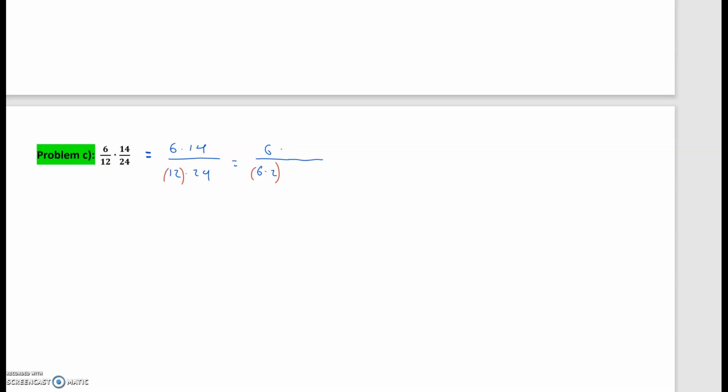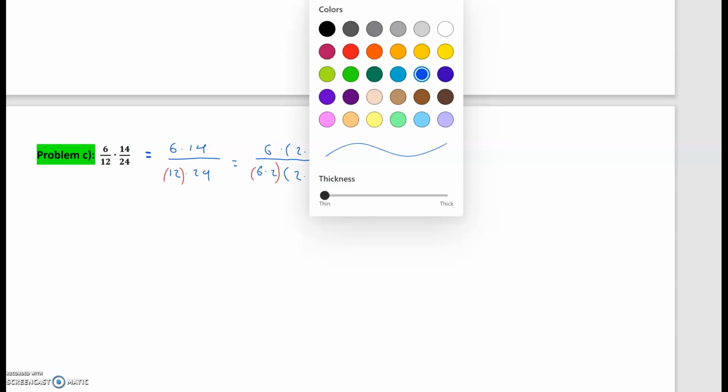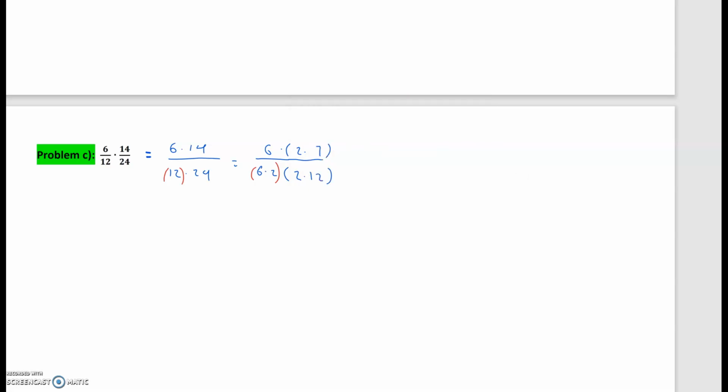And then times, we could take out a 2 from the 14 and the 24. So this is going to be 2 times 7. And then the 24, it's going to be 2 times 12. And let me just put an arrow. That's your 24, and that's the 14.